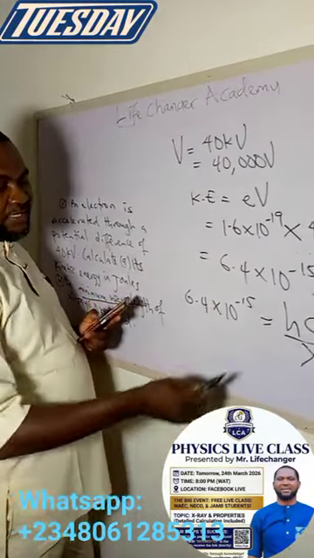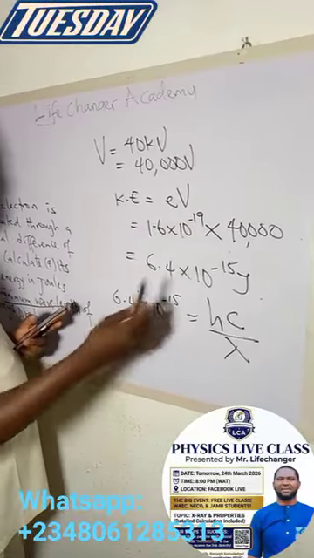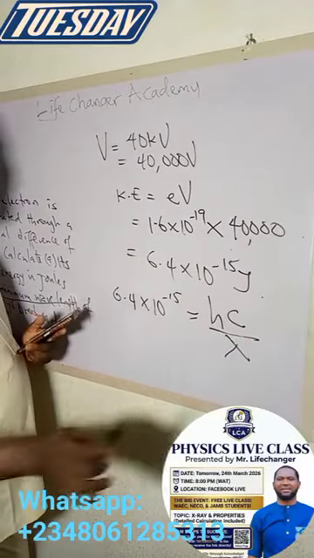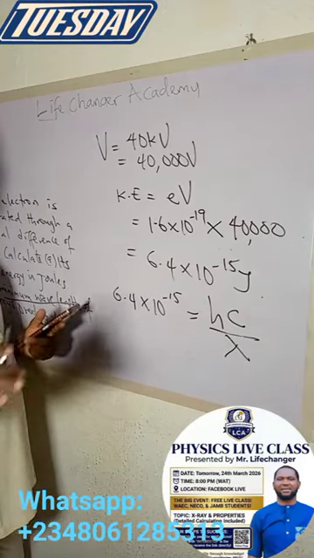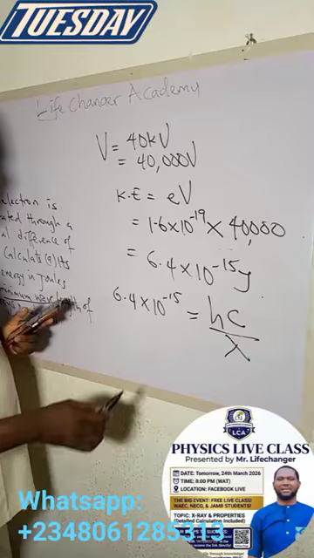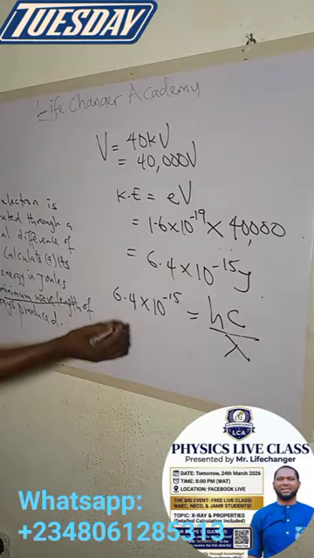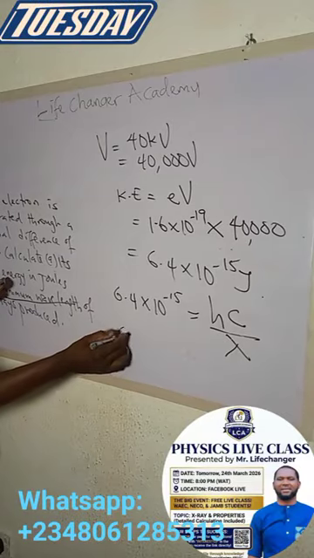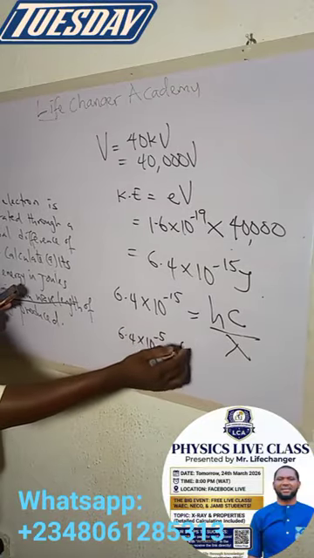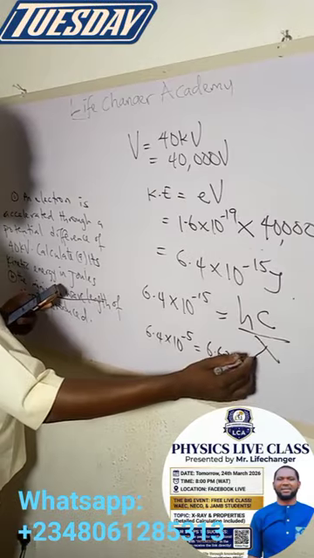Now don't forget that h is called Planck's constant. It has a constant value. c is called the speed of light. It has a constant value. If you're a science student, you should know some of these things. These are constants. So if I substitute the values, this is going to be 6.4 times 10 to the power negative 15 is equal to your h, which is 6.63 times 10 to the power minus 34.